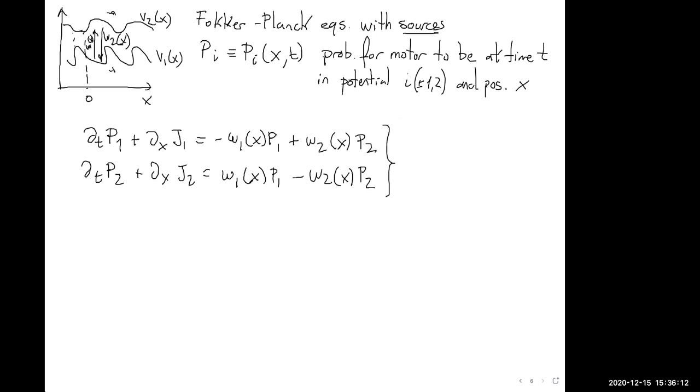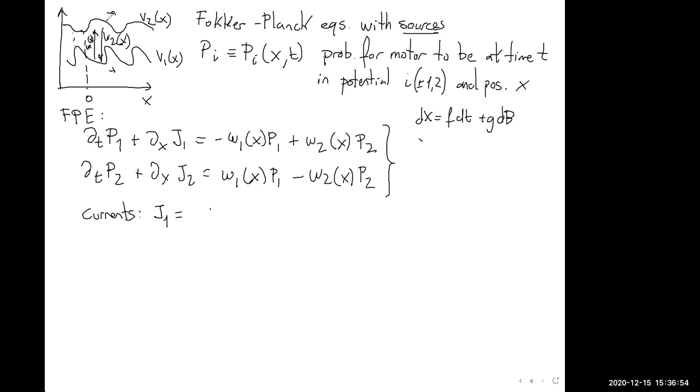Now what is important is, what are these currents? This is the Fokker-Planck equations. I haven't finished writing the equations because I need to write what this is. So J1 in reality is, you remember how we did it when we had dx equals f dt plus g dW.